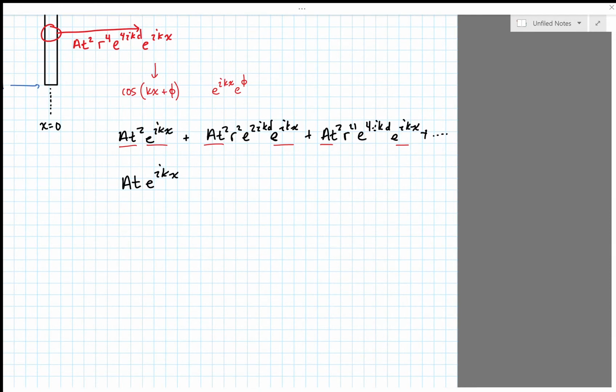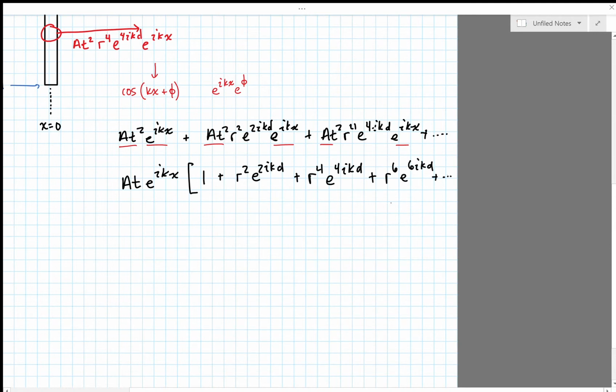And then what I have is, times, now this is going to be 1 that captures this first term, plus r squared e to the 2ikd, plus r to the 4th e to the 4ikd, plus, this one will be my six times bounced light, r to the 6th e to the 6ikd, plus dot dot dot.